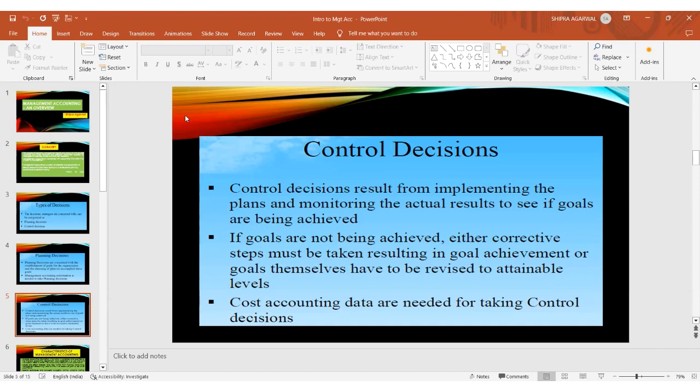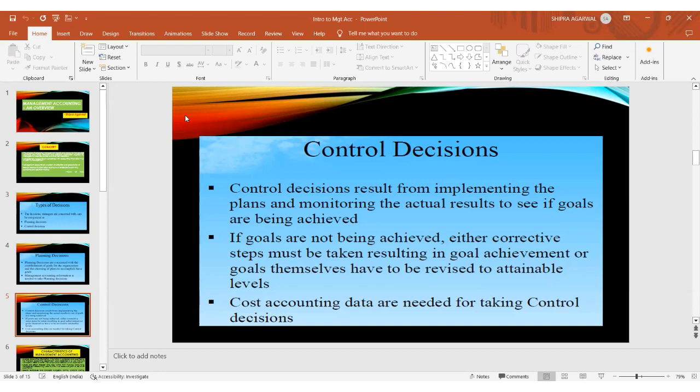And when we start the actual working, we start monitoring and measuring it, and we compare it with the set standards. We compare it to see whether we are on the right track or not, that means whether we are able to achieve the goals or not, right?